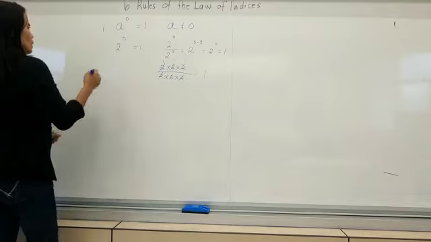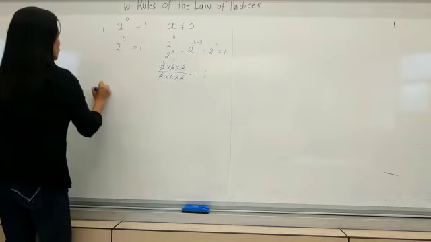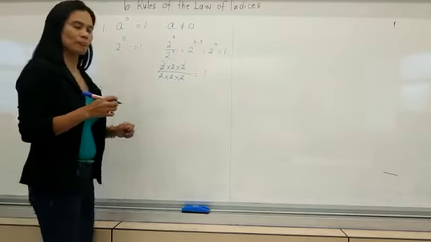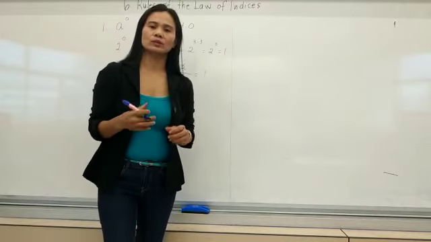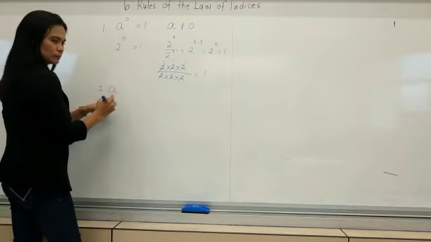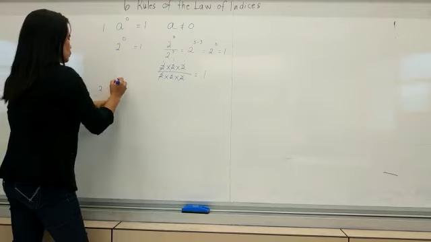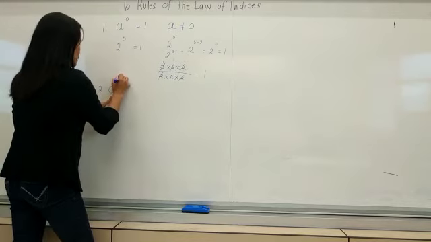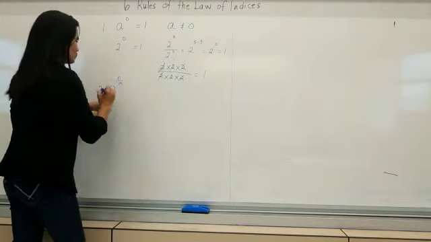Okay. We also have the second rule, which is fractional exponent. So we have a number to the power of a fraction, say n over m.